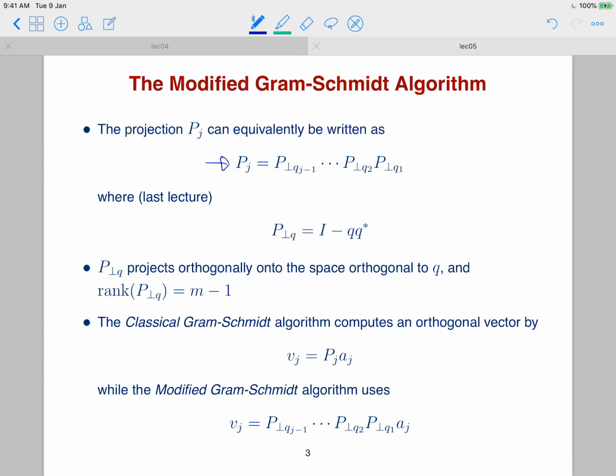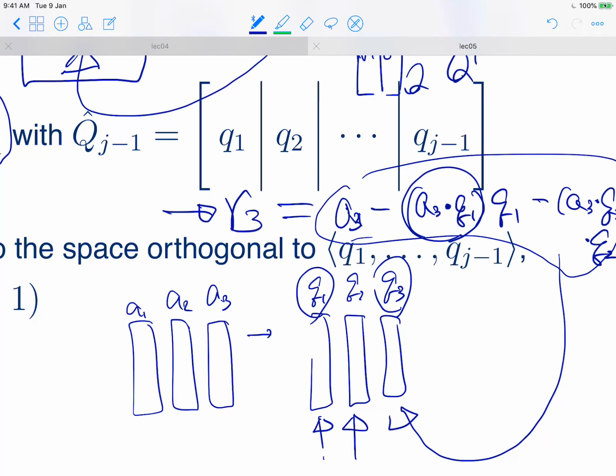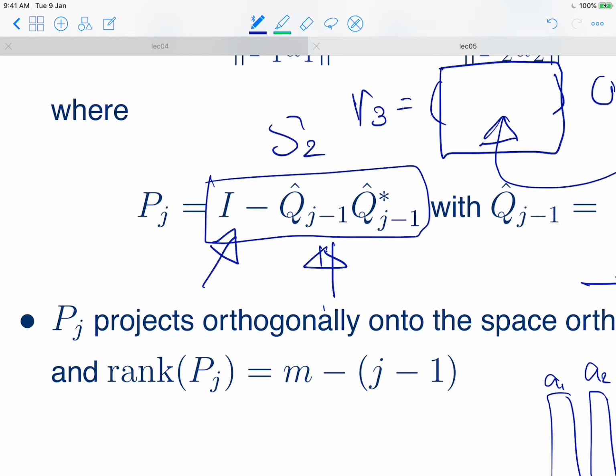In this case, if we build our Q1, then our P will be I minus Q Q transpose, where Q contains only a single orthonormal column, right?